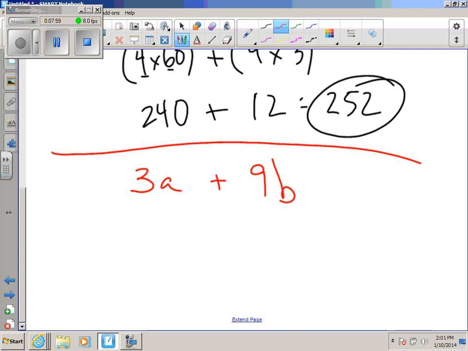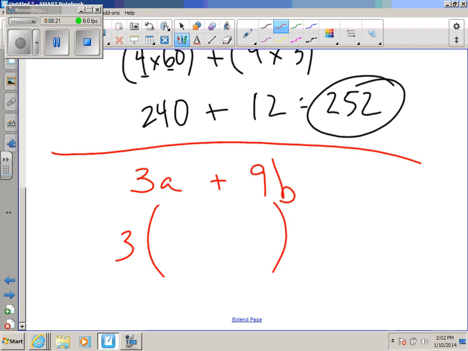So numerically, the GCF between a 3 and a 9 is going to be 3. And do a and b have anything in common there with variables? So their GCF is 3. They don't have a variable in common, so we can't use that as a common factor.